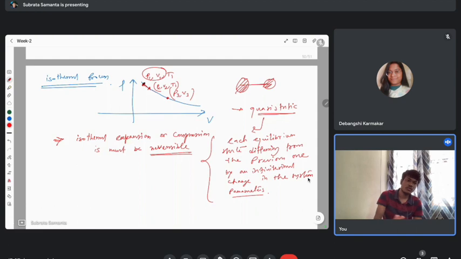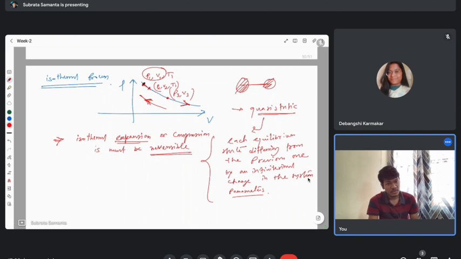Okay, so there is no change. Let's say this is an expansion, that means we are going in this direction, right? For compression, we are going in this direction. So you compress the gas, the volume decreases, right? So it must be the same.